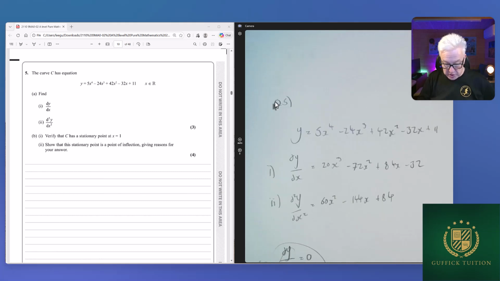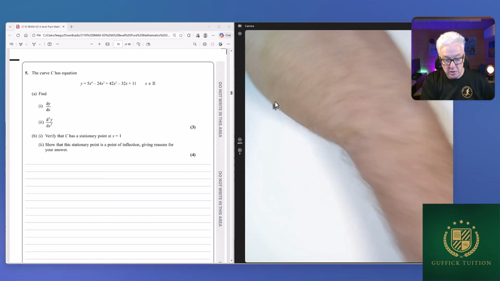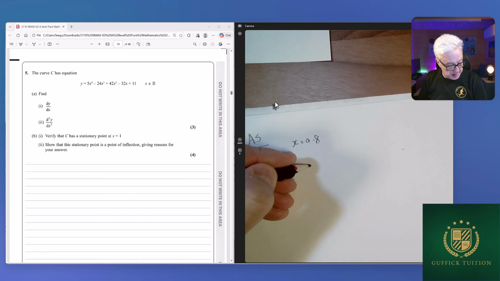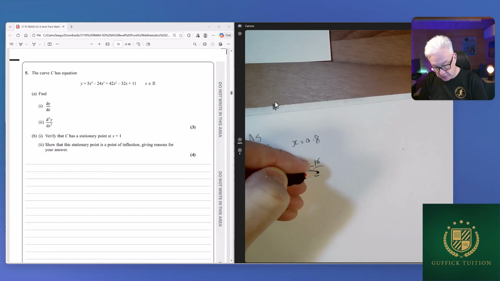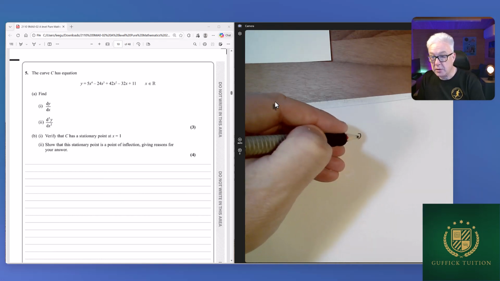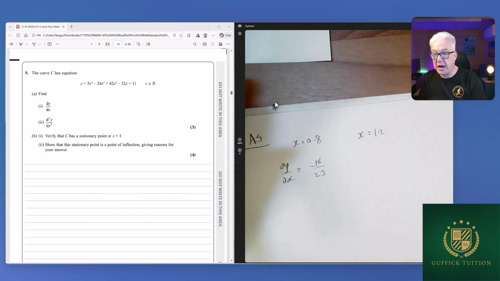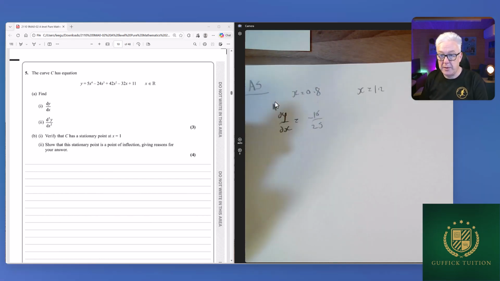So when we're just a little bit before, we found that our dy by dx is minus 16 over 25. Let's now consider just a little bit after the stationary point and see what happens there.